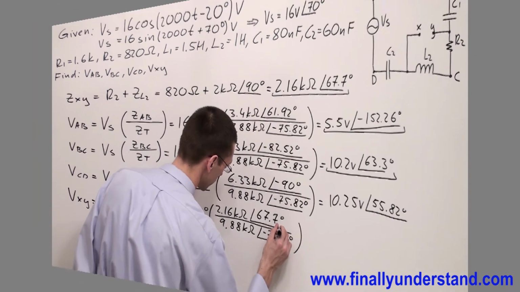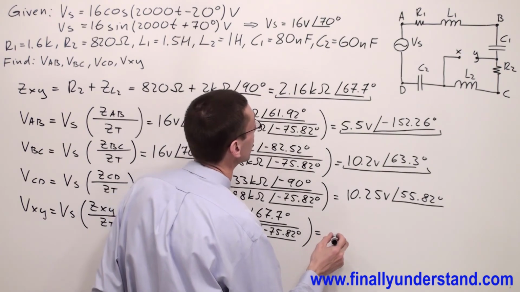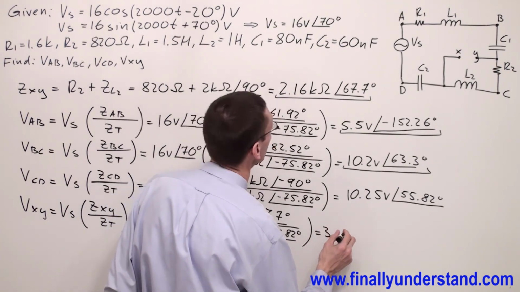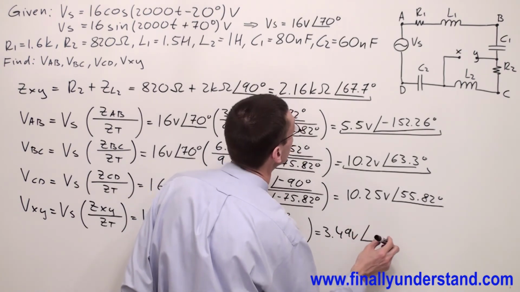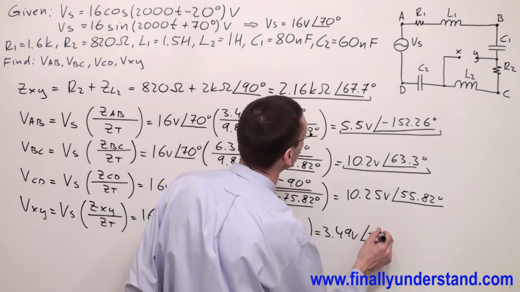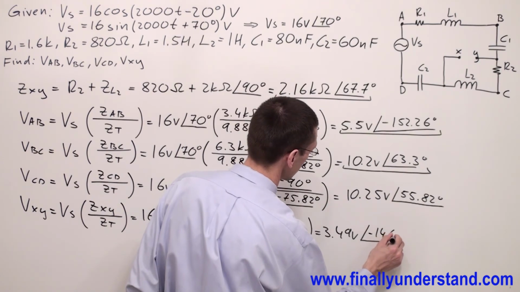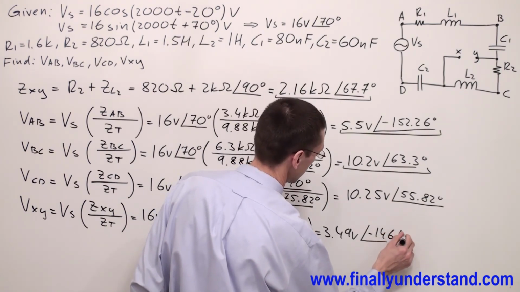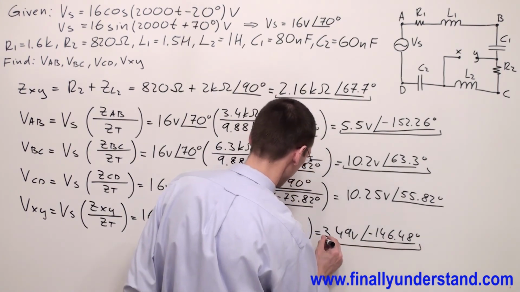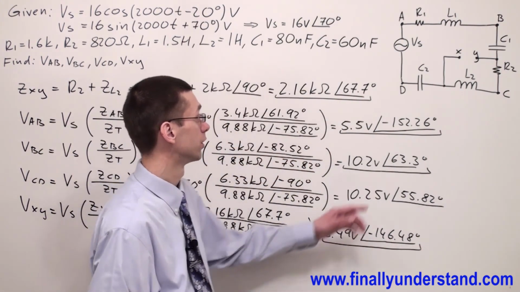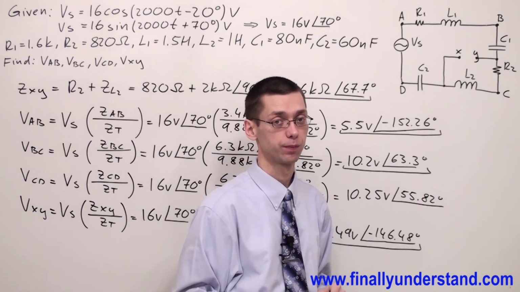Close parenthesis. This is equal 3.49 volts and angle of negative 146.48 degrees. Okay, so this is my voltage VXY.